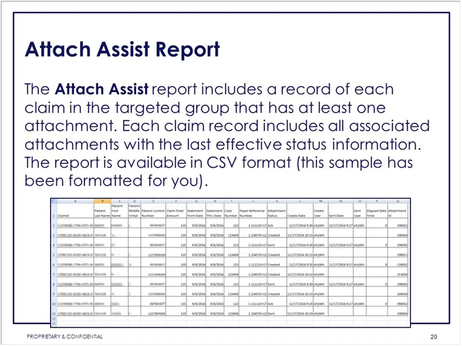That Attach Assist report underneath the release report is in a CSV format. The CSV format allows you to open this document in Excel, so that's how that information is going to come across, and you can utilize your filtering options in Excel or pivot tables if needed to transfer that information to a more readable format for yourself. But again, it's going to be underneath your reports, release reports, and it'll be your Attach Assist report in CSV format.